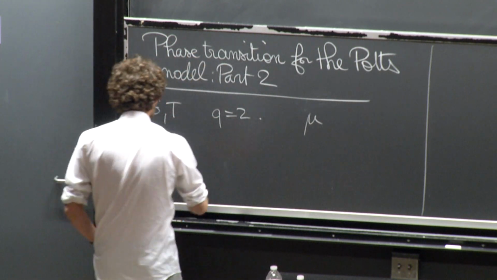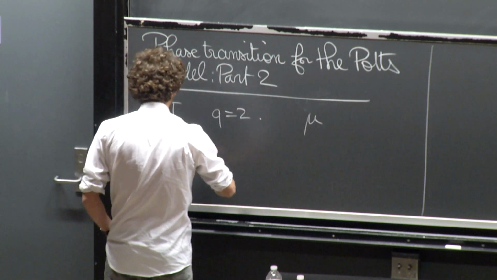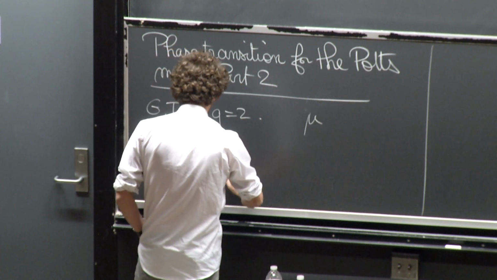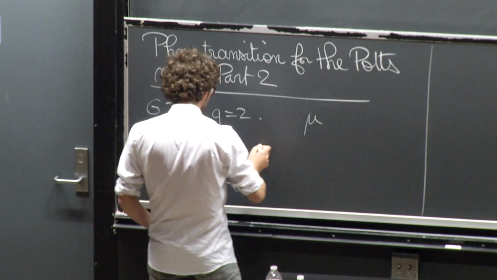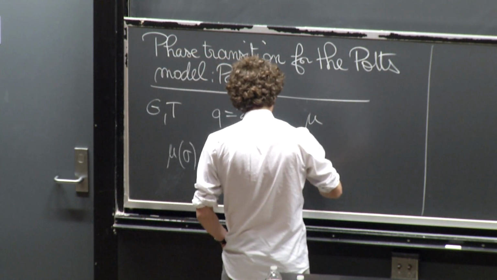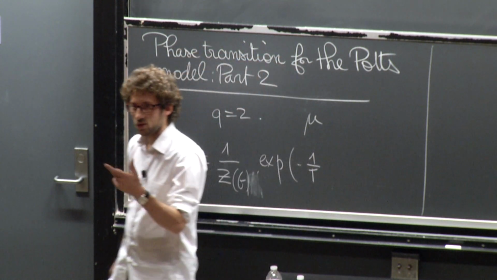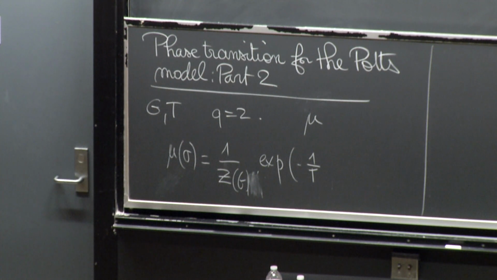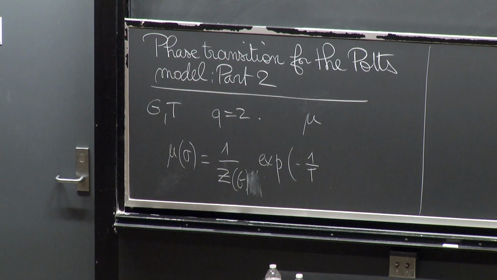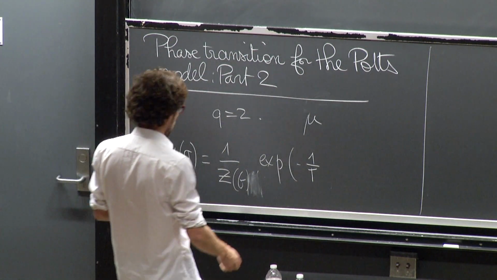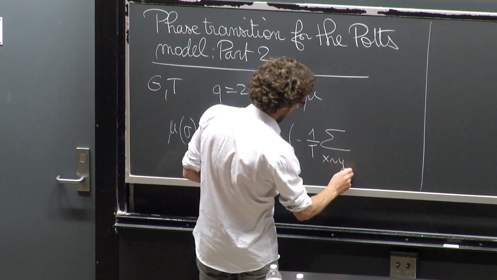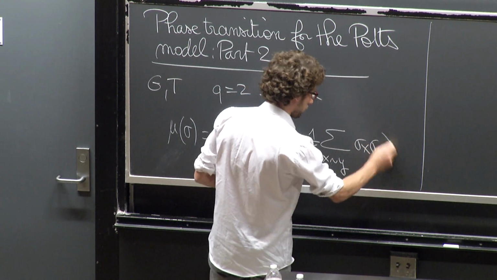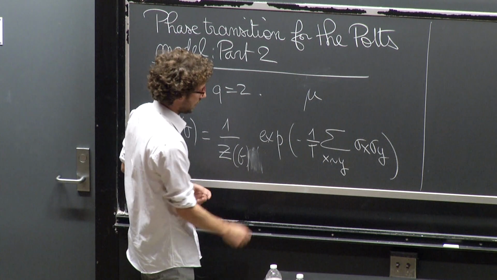And notice that mu of sigma is 1 over a certain constant times exponential of minus 1 over T, and the sum over pairs with different spin, you can rewrite it in this case as just the sum for x neighbor of y of sigma x, sigma y. That's another way of looking at it.